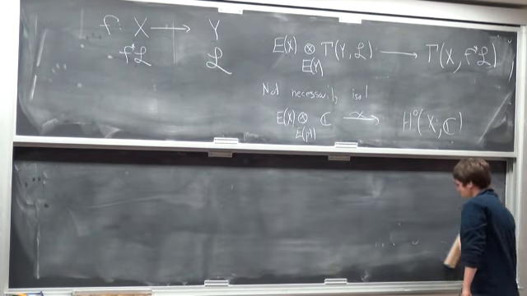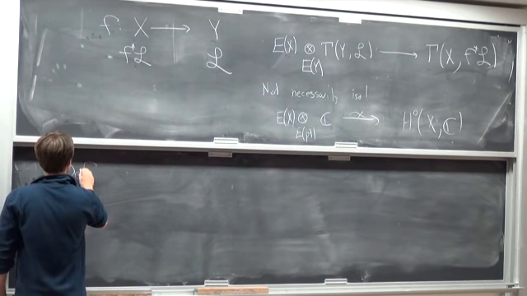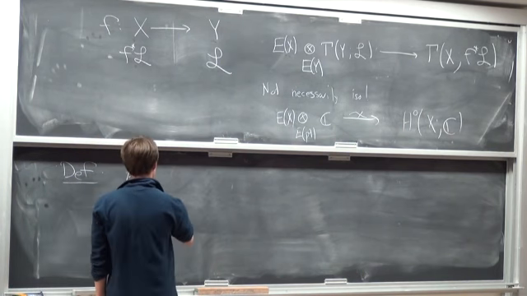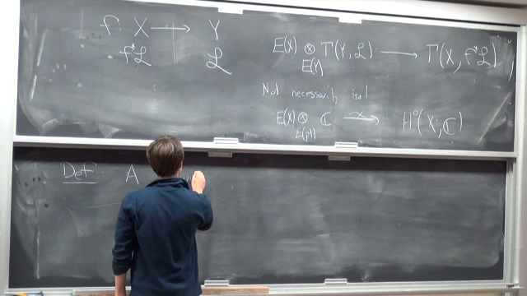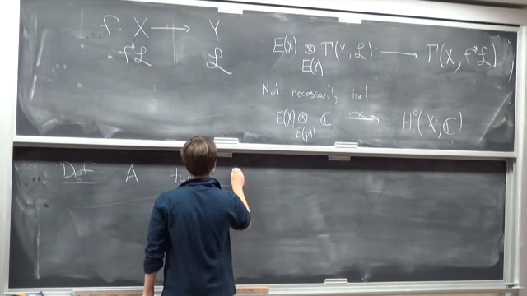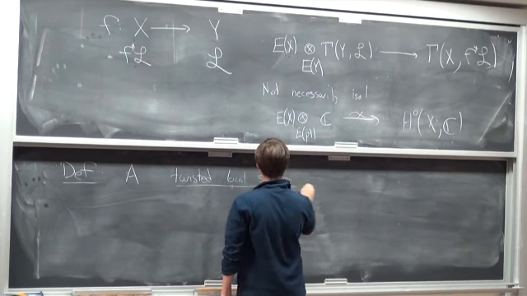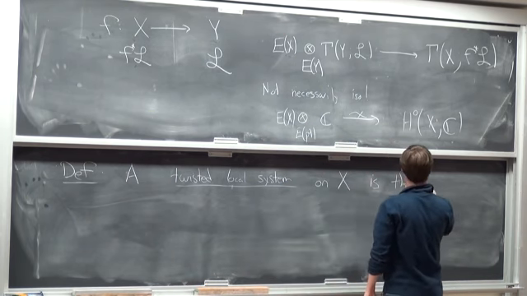So let me make a definition for you. Definition: let me call this a twisted local system on X is the following data.